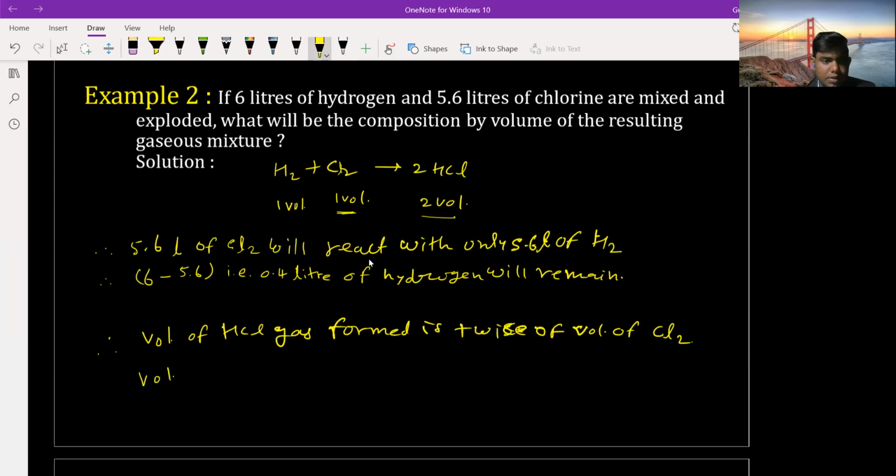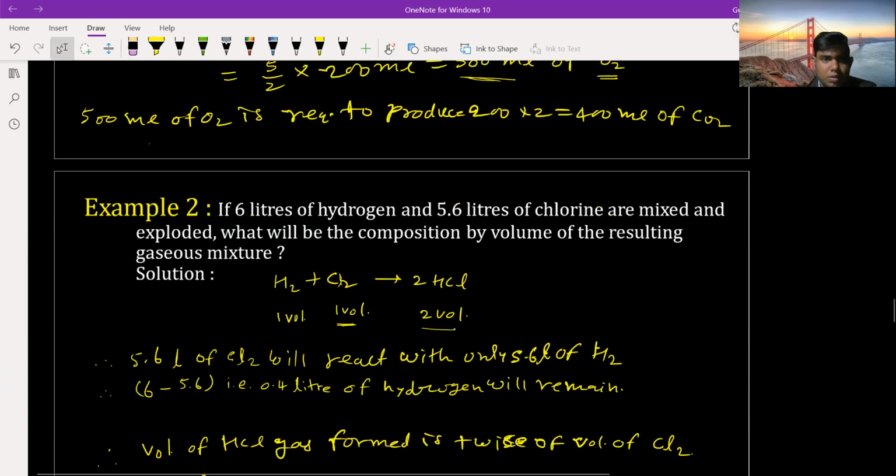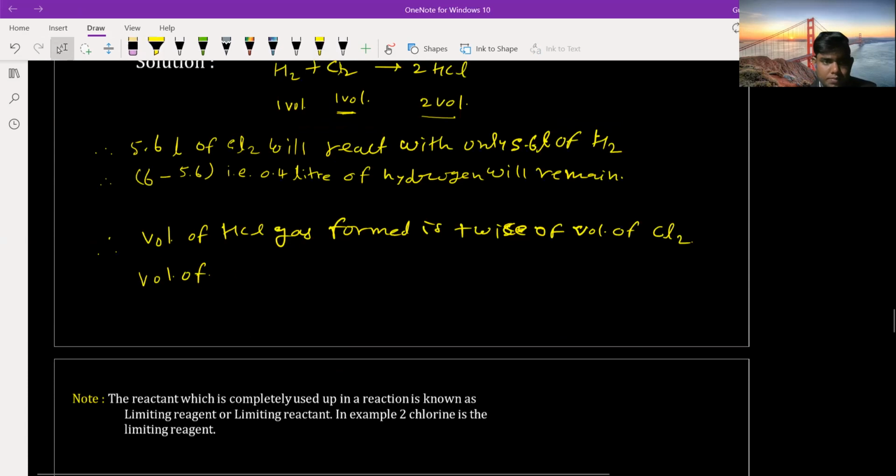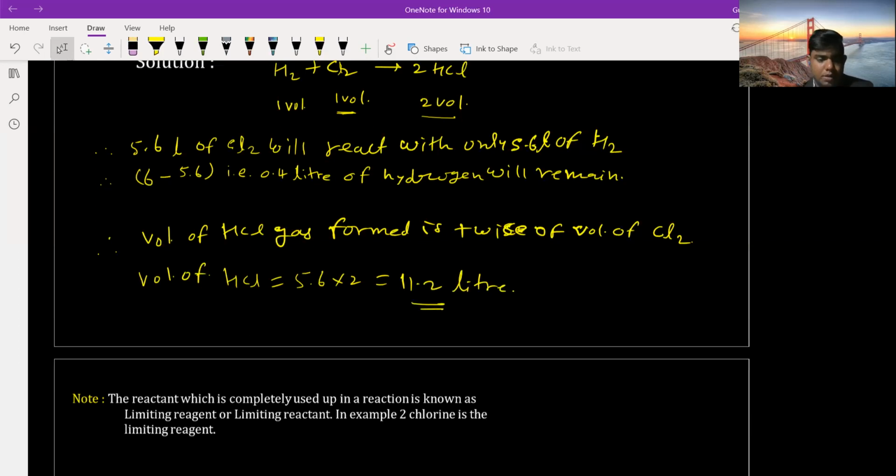So we can find volume of HCl. Volume of HCl equals to 5.6 into 2 equals to 11.2 liter, okay, understood.